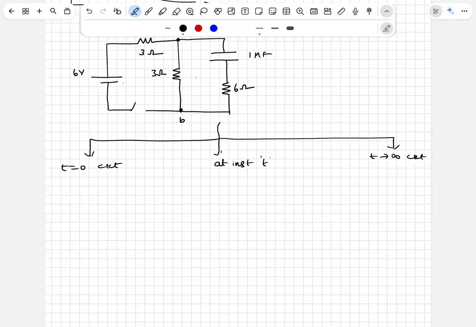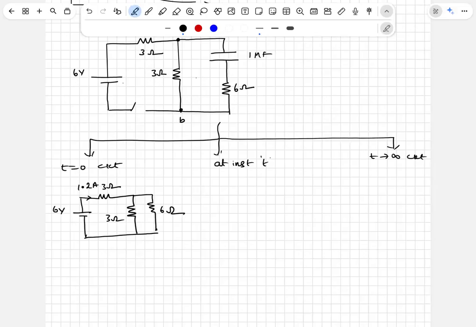At t equal to 0, replace the capacitor with a wire. This is how the circuit will be. We already know 6 ohm, 3 ohm in parallel is 2 ohms; 2 ohms and 3 ohms, 5 ohms. 6 by 5 is 1.2 amps.